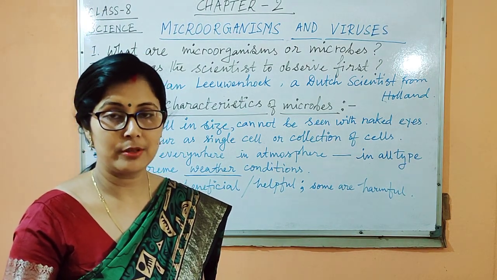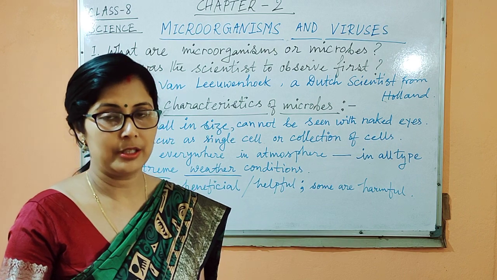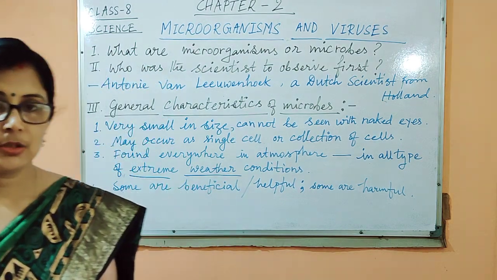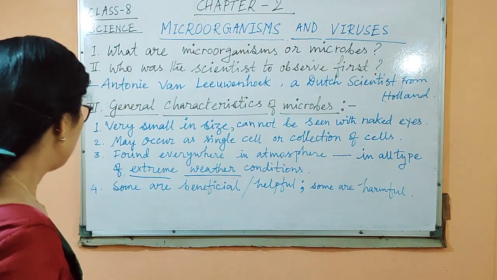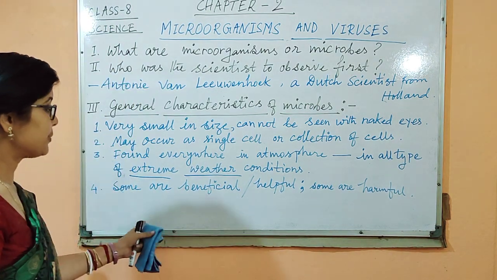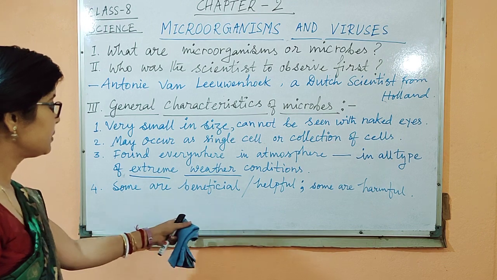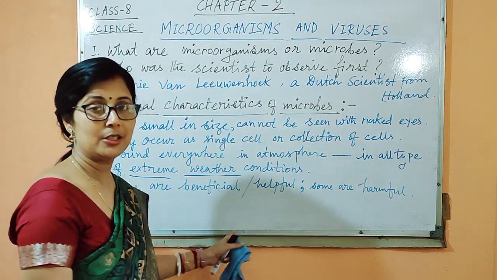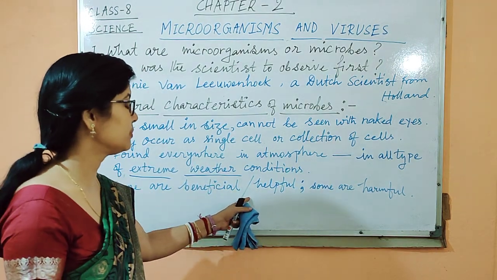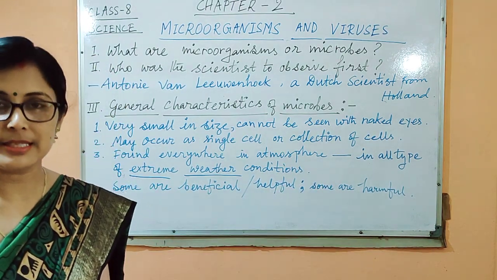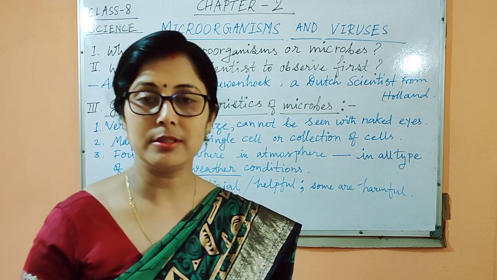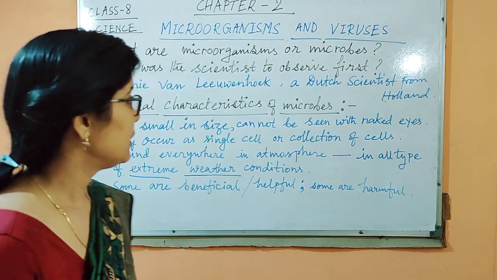So in all types of atmosphere and weather conditions they are found. That's a very interesting fact about microorganisms. Lastly, in this chapter we will read that some microbes are beneficial to mankind, they are helpful to us, whereas mostly they are harmful to us. They cause different types of disease, right? Yes, microbes cause different types of disease.